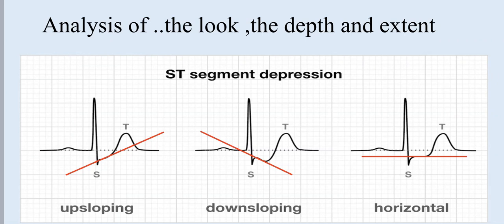So the downsloping is more specific, followed by the horizontal, followed by the upsloping. Okay? That means the accuracy of the diagnosis in terms of specificity increases according to the morphology of the ST segment depression and the depth of the ST segment depression. That's why it's important you describe ST segment depression in terms of morphology and depth.